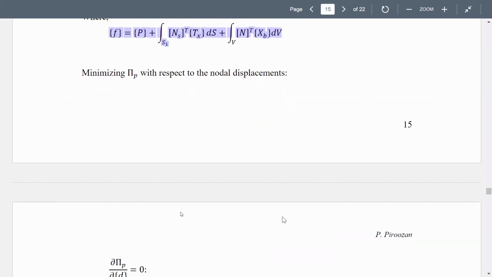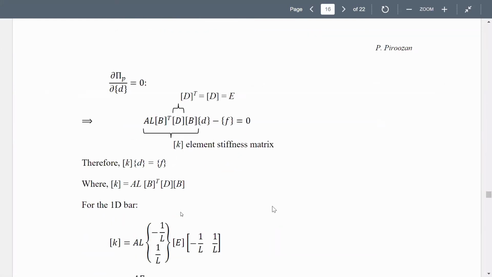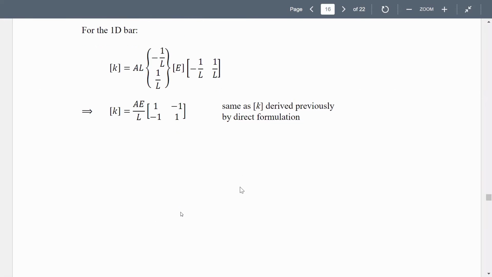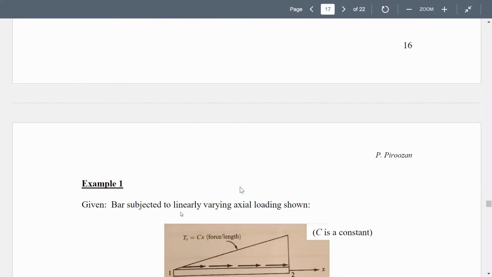Let's now apply this and see what we gain from this variational method, which is actually the most powerful technique in finite element formulation.